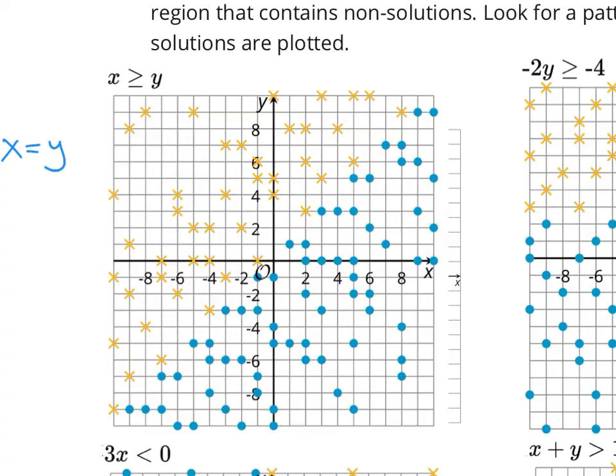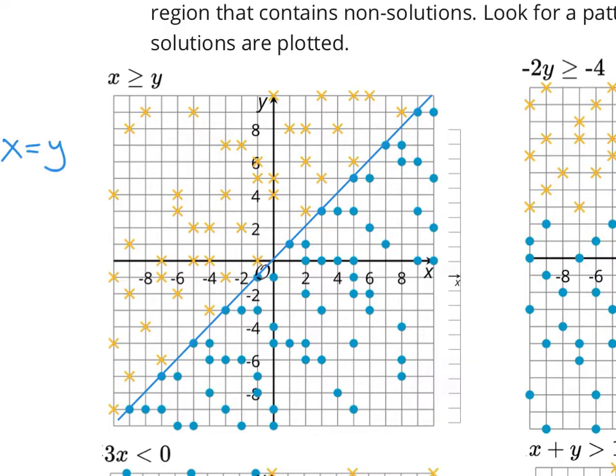Okay. So this is our boundary line right here. You can see it goes through some of the points, right? (0, 0), (1, 1), (2, 2), and so on, and even backwards into the negatives: (-1, -1), (-2, -2), (-3, -3), and so on.